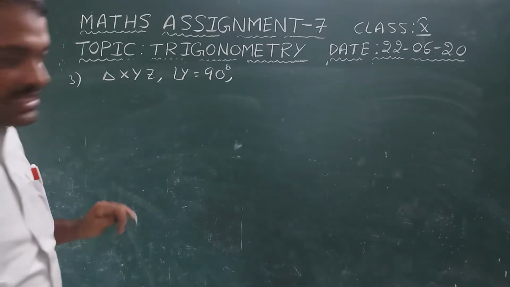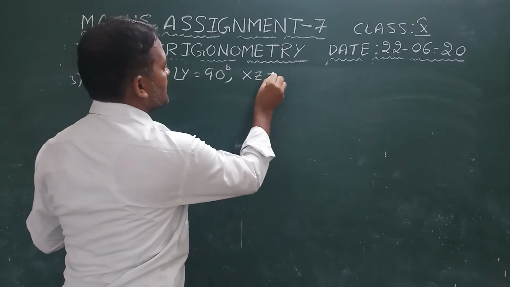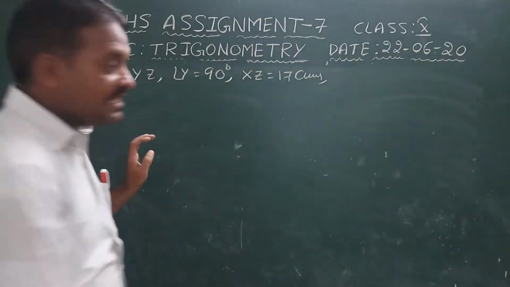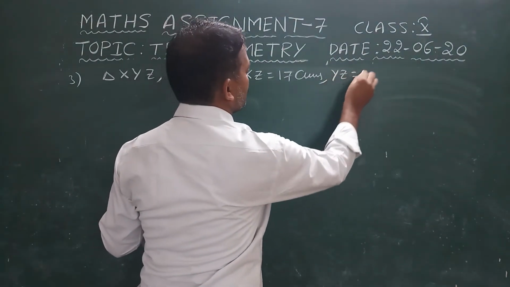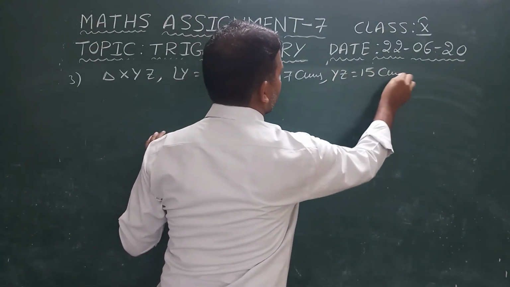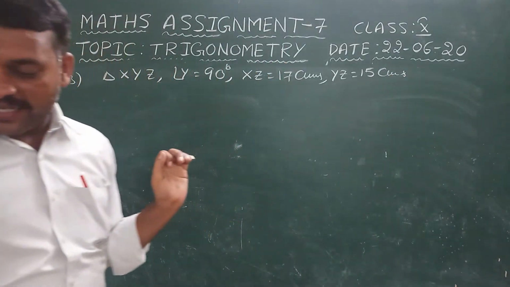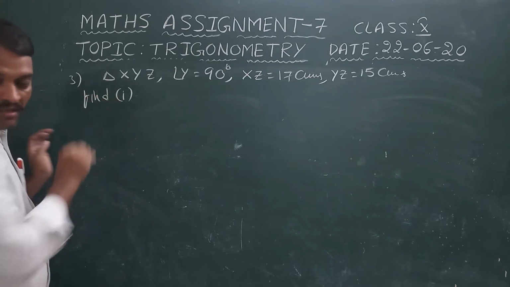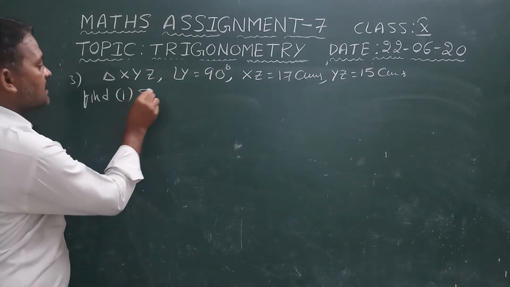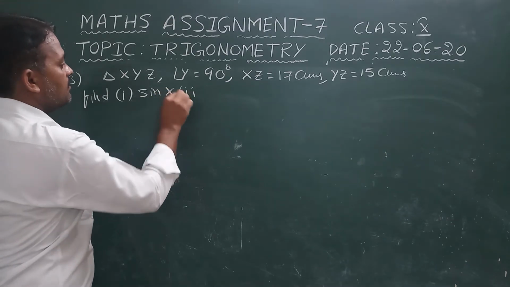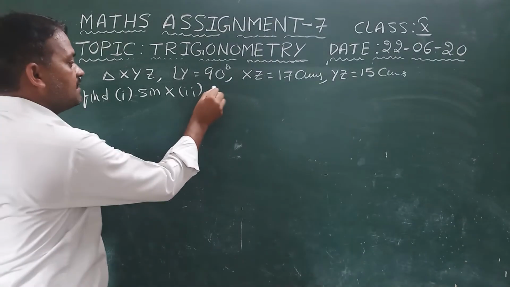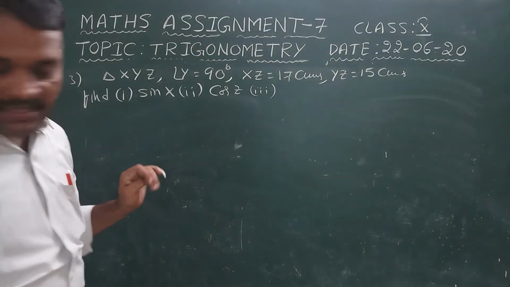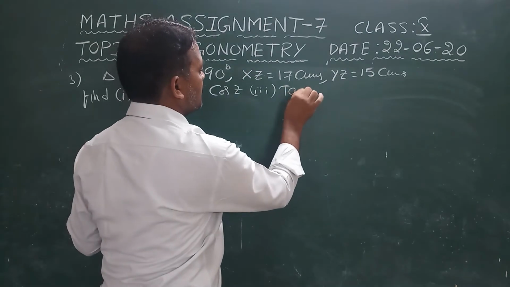The given values are XZ is equal to 17 centimeters and YZ is equal to 15 centimeters. First of all, find sin x, second cos z, and third tan x. These values I need to find.